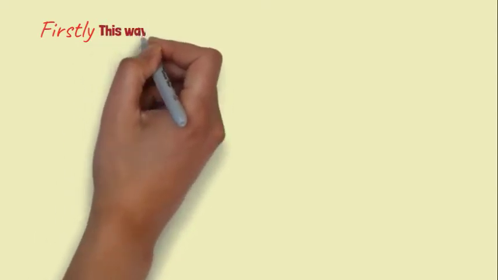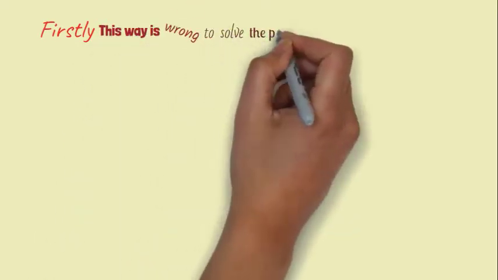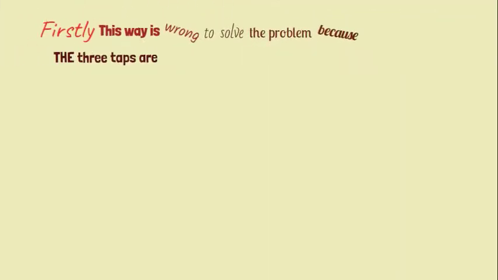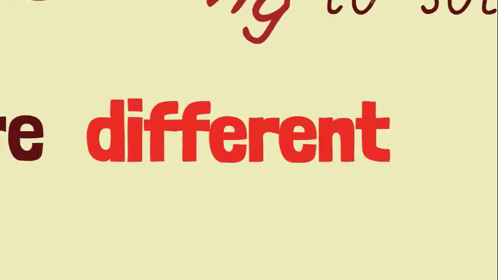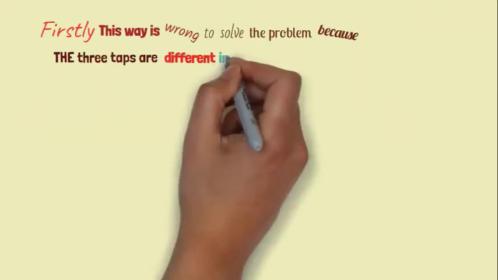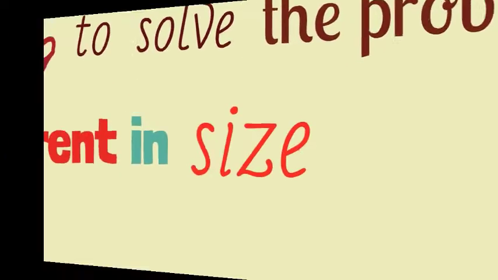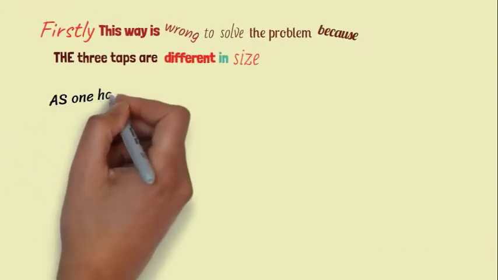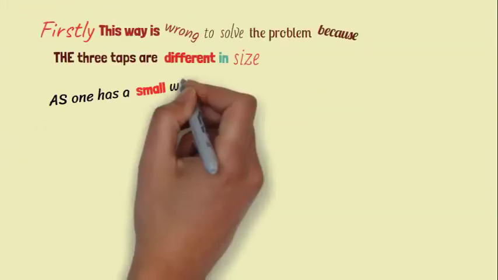Firstly, this way is wrong to solve the problem because the three taps are different in size, as one has a small hole.